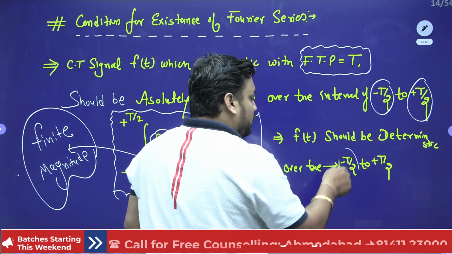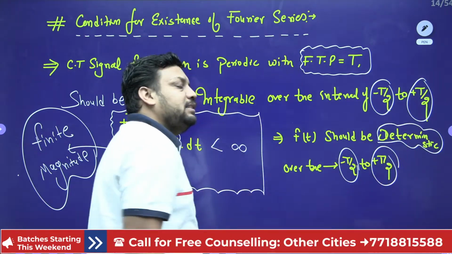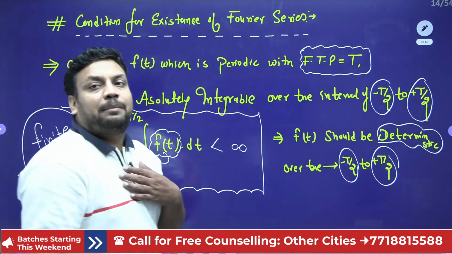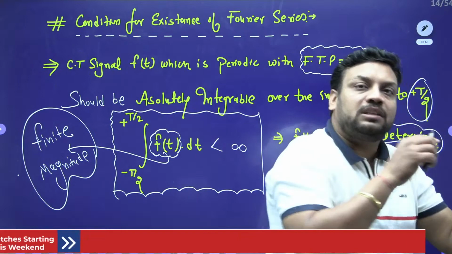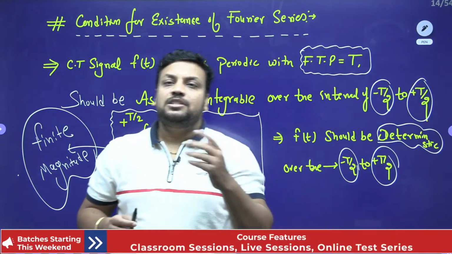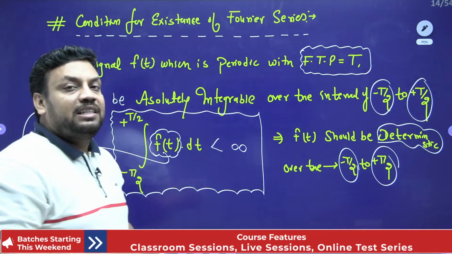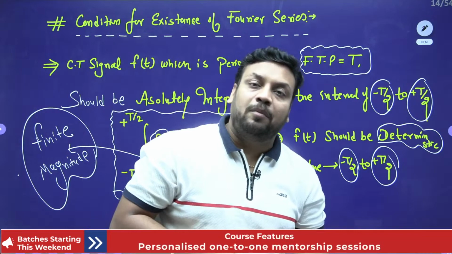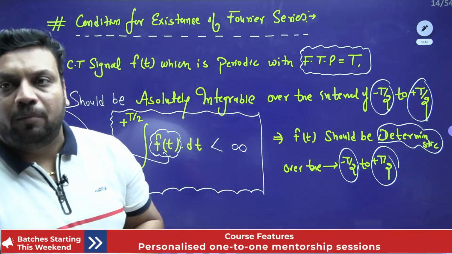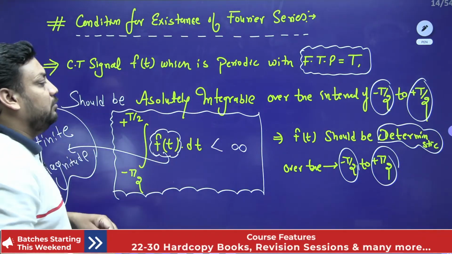What is the meaning of deterministic? If a signal can be represented in a mathematical form, in a mathematical equation, that signal is known as a deterministic signal. Otherwise, the signal is a noise signal.